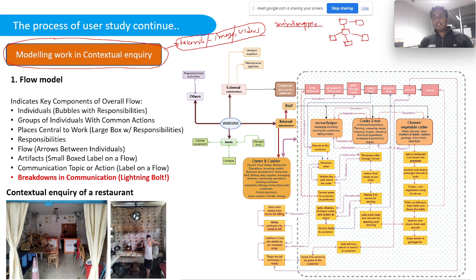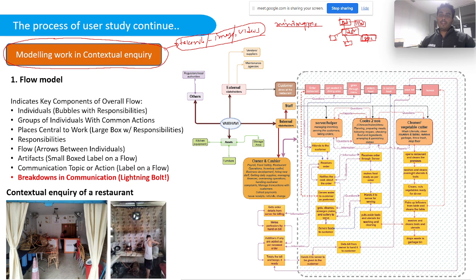But in a general mind map, if we include all sets of information, for example a stakeholder, a process, an instrument, artifact or a space, it is hard to define things in a proper way, and hard to establish relationships between different entities.